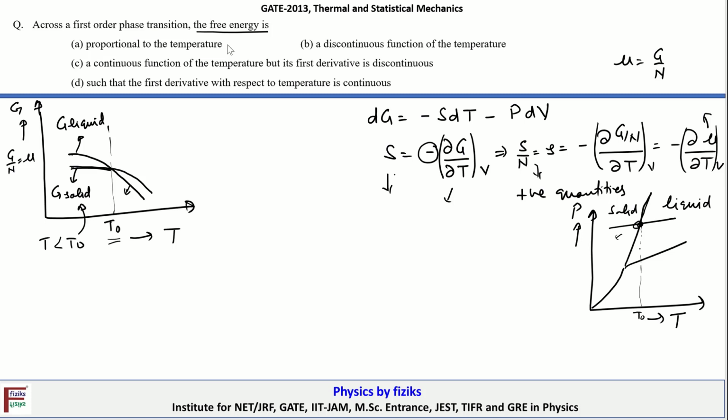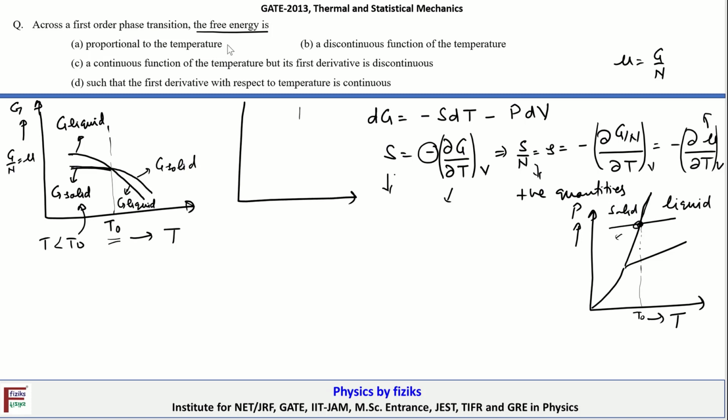So the line with the lower Gibbs free energy will correspond to liquid, and this will correspond to G solid. The point is that the system which is more stable will possess a lower value of the Gibbs free energy. The same is true for the chemical potential also.